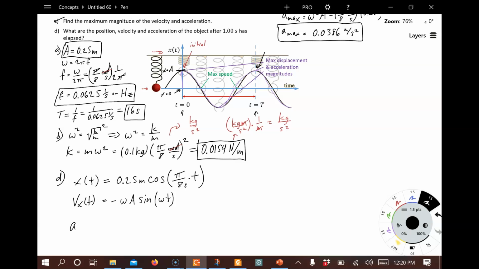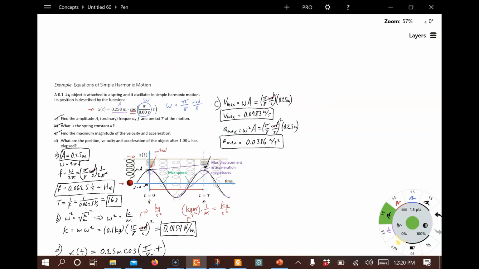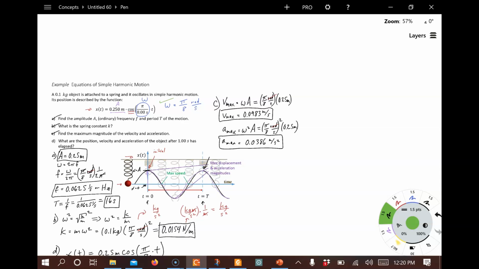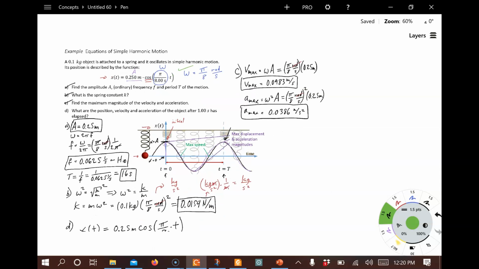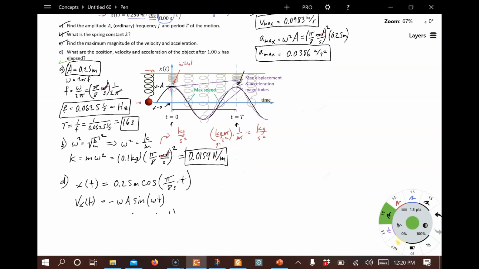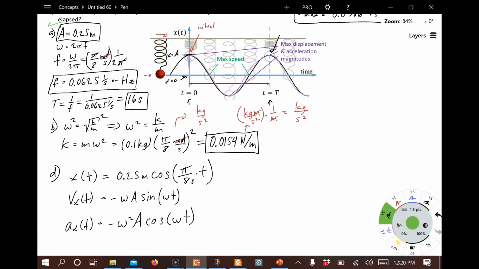And for ax, that's equal to minus omega squared A cosine of omega t. But we've already figured out the values of omega. Here's our omega. And we already figured out the value of A. There it is. We can plug all those things in and we'll get the values here.